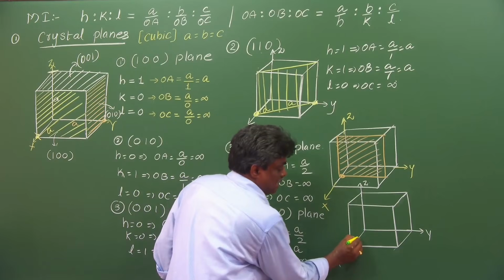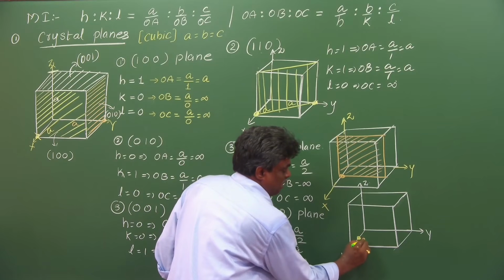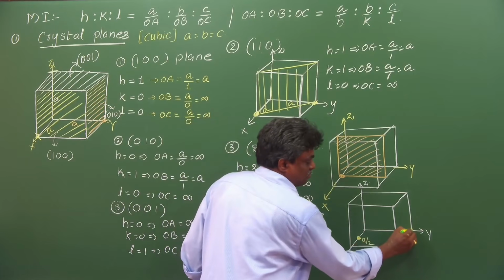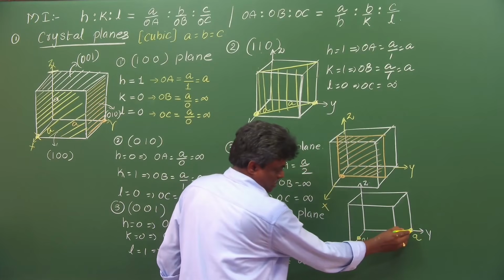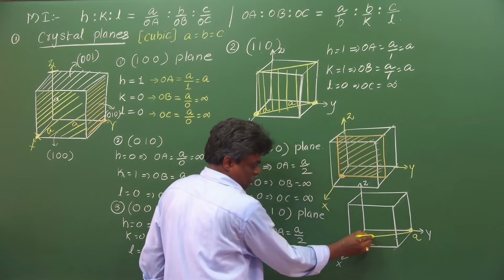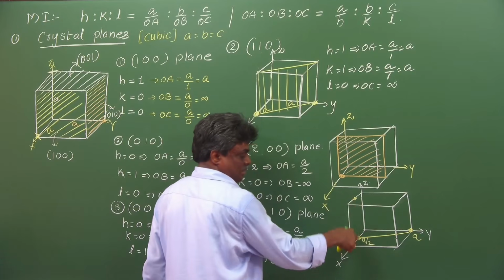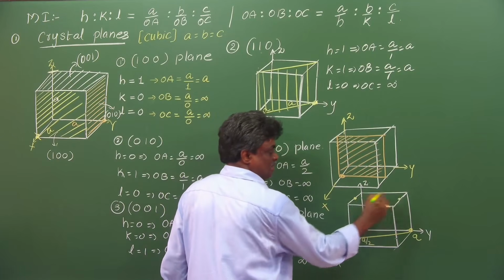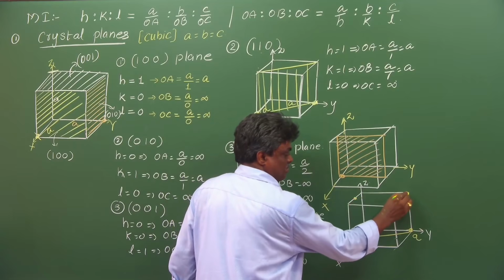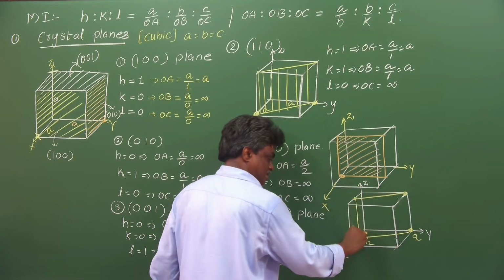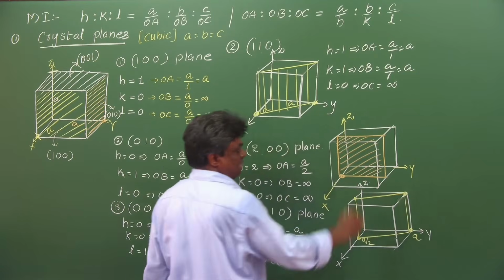X axis at A by 2, and y axis at A. Now just join these two, okay, and again here, I hope you know, take a parallel line. That's it.